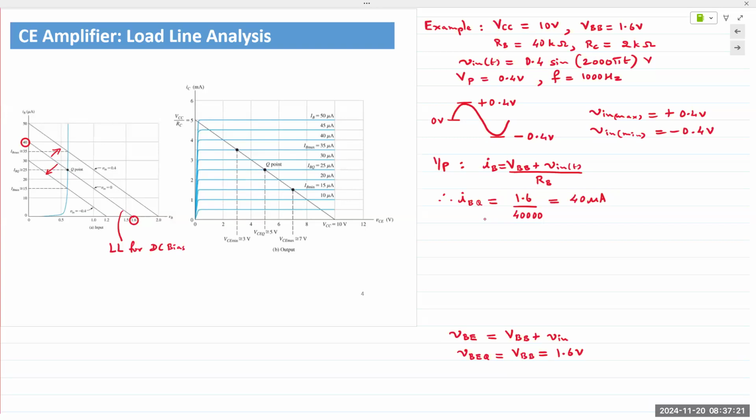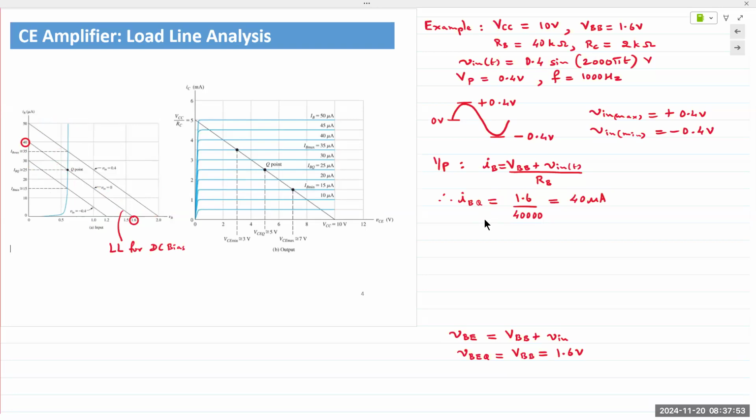It's a function of time, but it has a single value at any single point in time. And then the DC load line changes. It goes above and below. And so you have two more load lines signifying the max and the minimum value of Vin of T. So your input signal is swinging between those max and minimum load lines. And so we must find the values of those load lines.